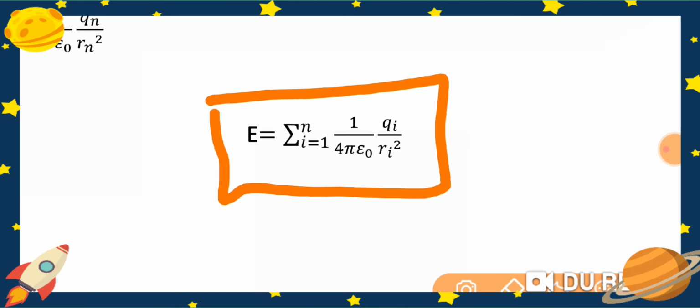The main concept is that the electric field is a vector quantity, so it follows all the rules of vector addition. I hope you can better understand Coulomb's law, the electric field, as well as the principle of superposition. I hope and I believe this concept is very clear to all of you.